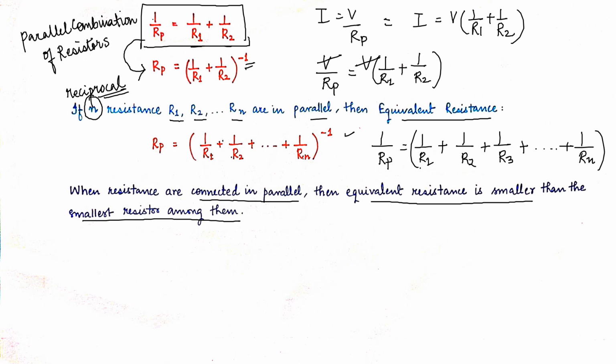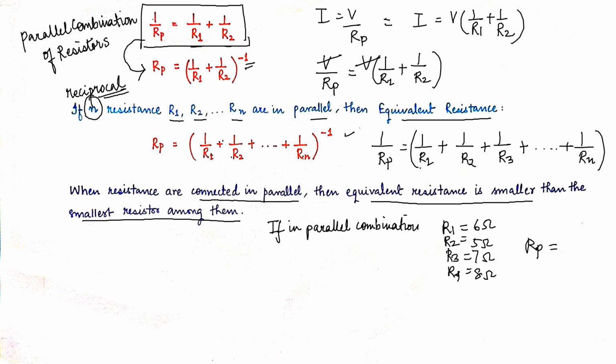If in a parallel combination we have resistances R1, R2, R3, R4 of 6 ohms, 5 ohms, 7 ohms, 8 ohms, what will be the Rp over here?